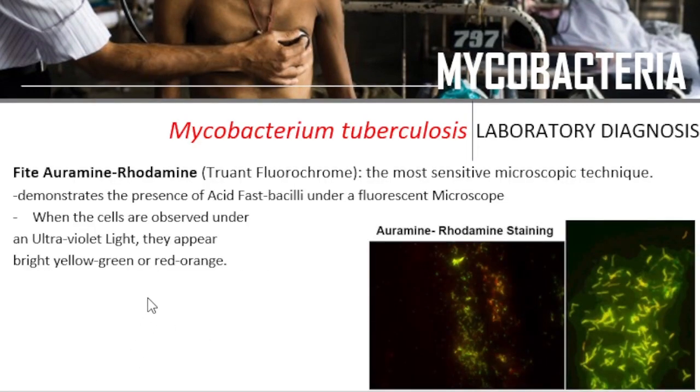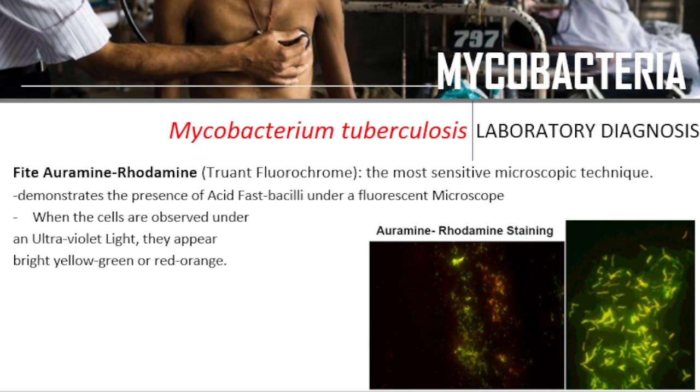Okay, another microscopy or staining method to diagnose Mycobacterium tuberculosis is the auramine-rhodamine, or the Truant fluorochrome stain. This is the most sensitive microscopic technique. This is my favorite in the laboratory.